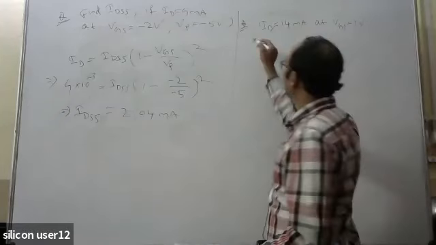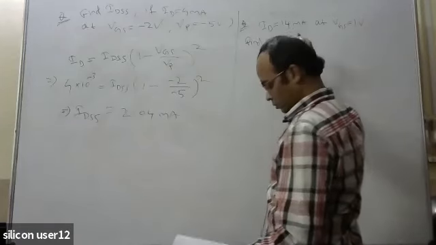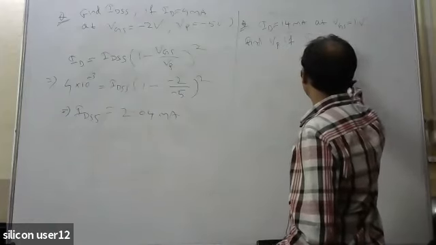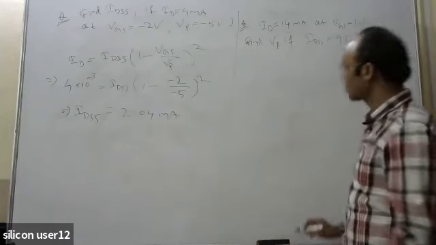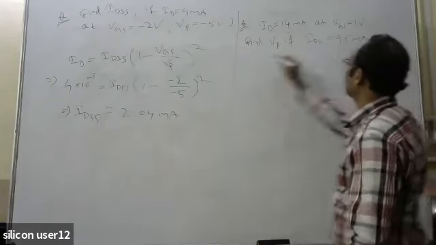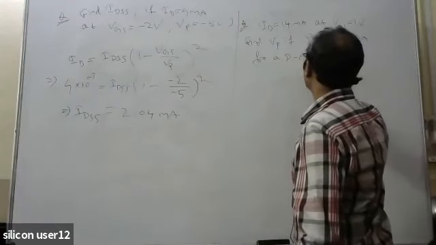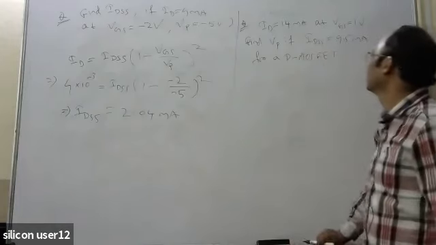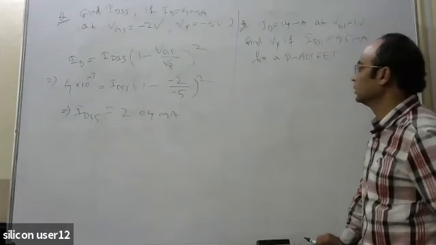Find VP if IDSS is given, for a D type MOSFET. Okay, calculate it.